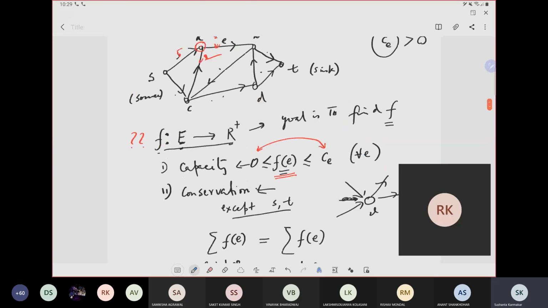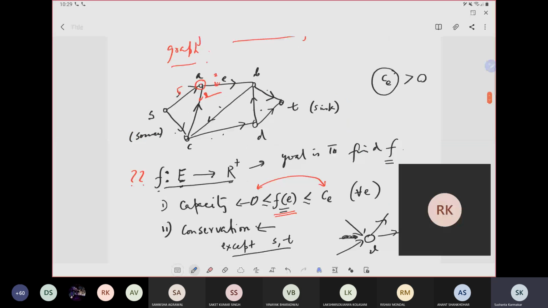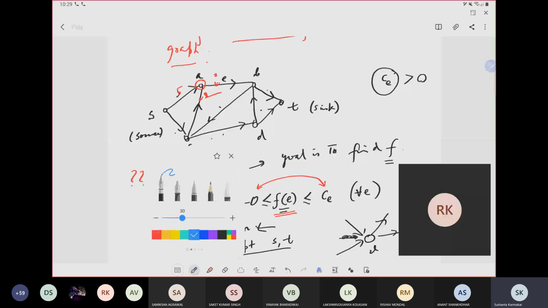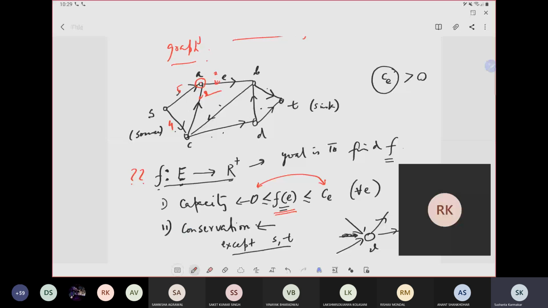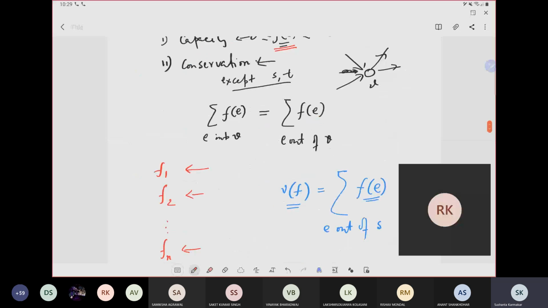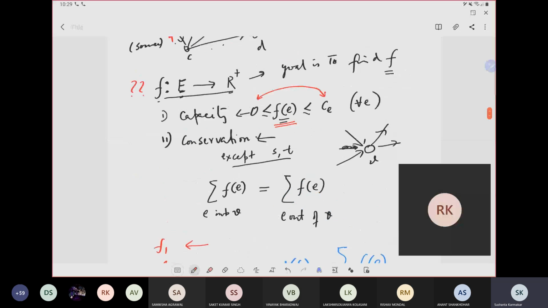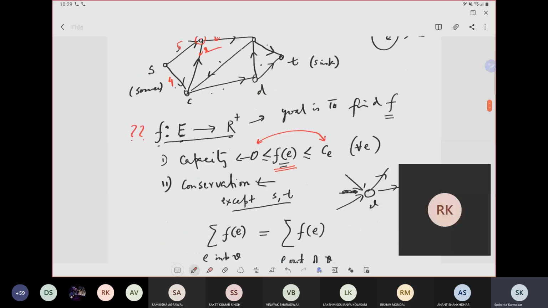So look at this graph. I can assign many different values. Let's say I assign this value 4. Then the value of the function is 9 in this case. Then I can have another mapping where suppose the value here is 3, and the value is 4 here.